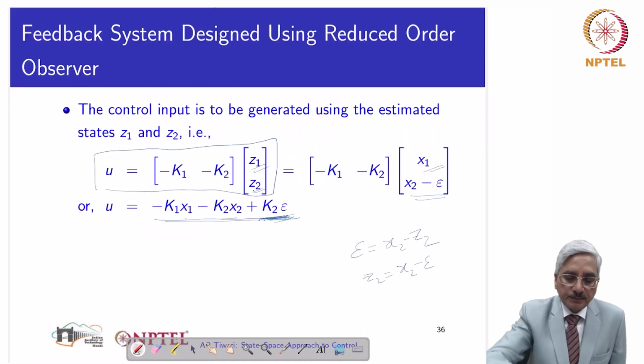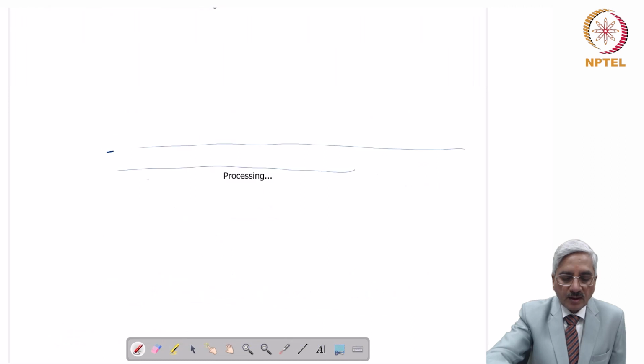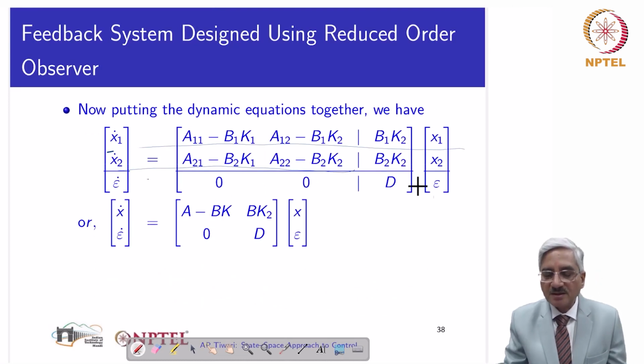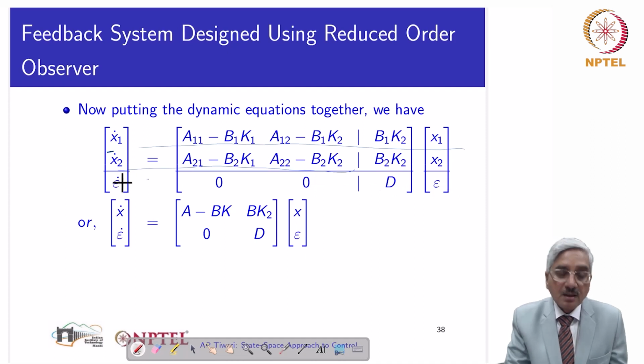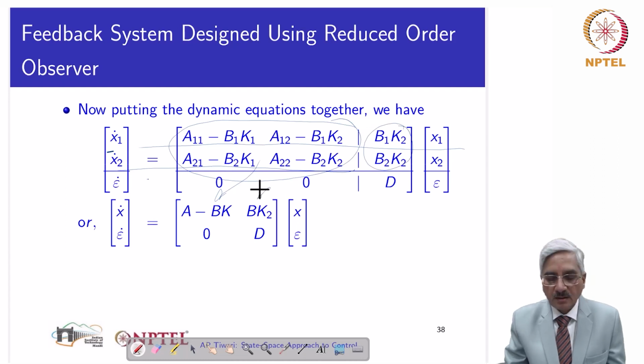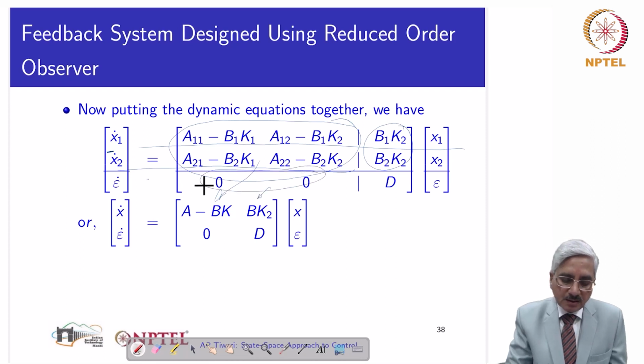So this is written here: epsilon dot is 0 times x1 plus 0 times x2 plus d epsilon. And this is A minus BK, so it is written here, and this is BK2, it is written here, and this one together is written as here 0, and this D is written here.